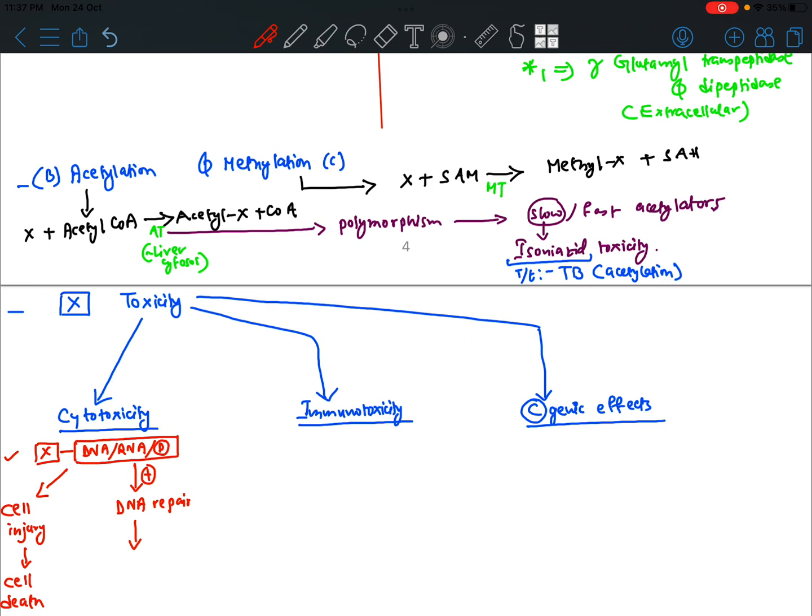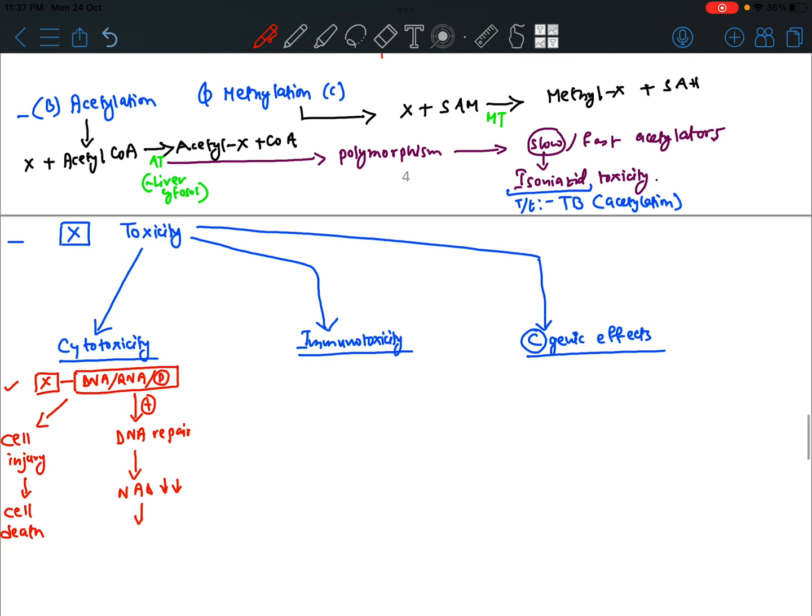So in response to severe DNA damage, there is considerable depletion of NAD. NAD depletion leads to ATP impairment. This will again lead to cell death. That's very simple.